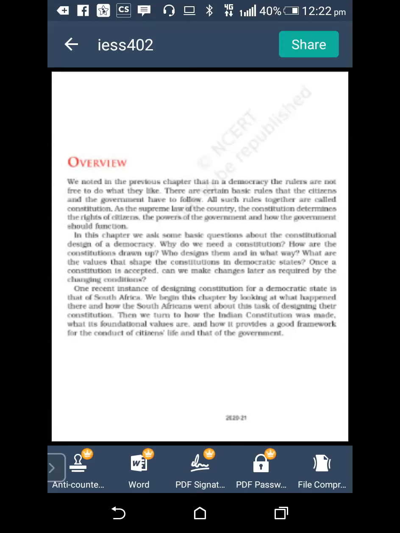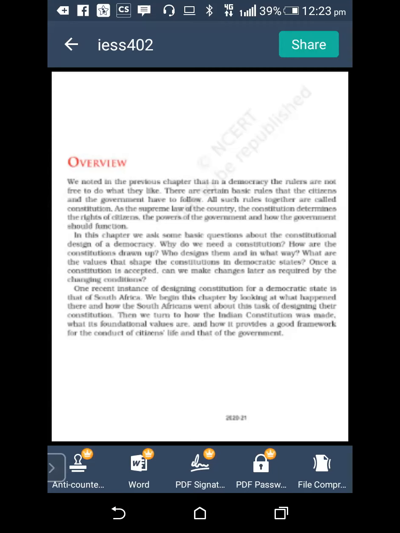When the comparison is there, you will get the best one, right? So we will compare our constitution and their constitution, and how it provides a good framework for the conduct of citizens' life and that of the government. Which type of government they have in South Africa, and how they are providing the best.